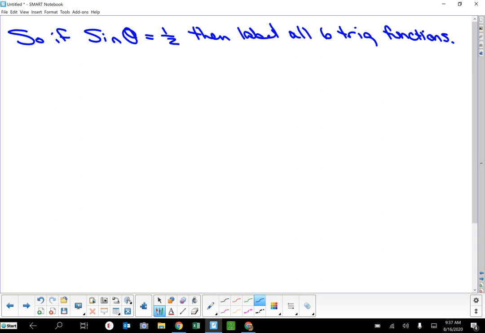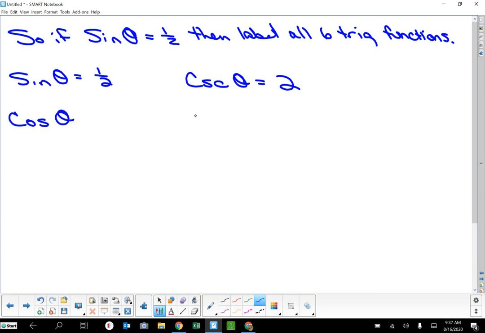Okay, so we can go right here and say we know that sine of theta is 1/2, which also means that its reciprocal would be 2, right? 2/1. And its reciprocal, cosecant, is 2. And then we're going to have cosine. Its reciprocal, I'll just label them and then we'll fill these in, is secant. And then we have tangent. And its reciprocal is cotangent.